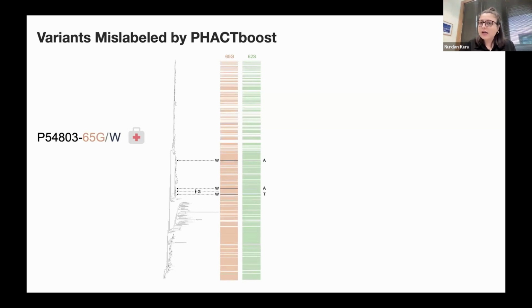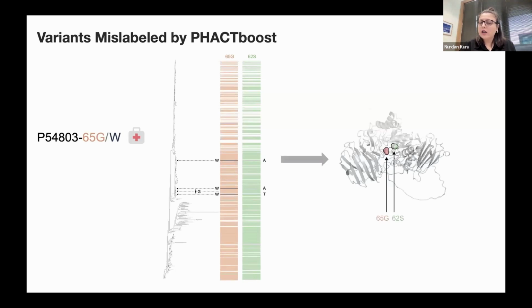So we suspected a coevolution signal here, and we checked the 3-dimensional structure. Really, these two positions are most probably interacting because they are also close in the 3-dimensional structure. So FACBoost misclassified this variant because currently we are not considering coevolution.